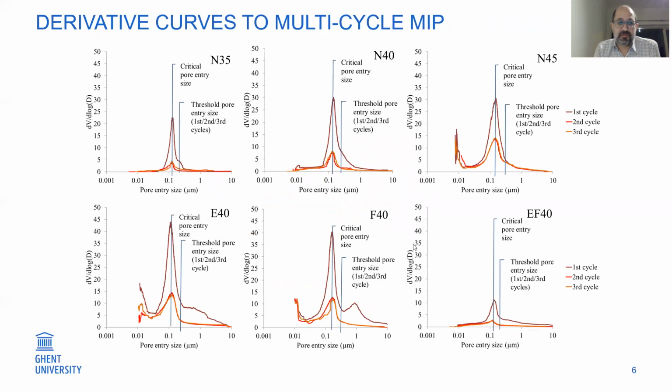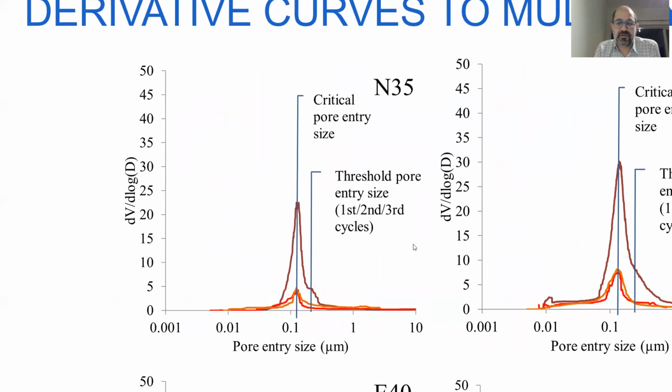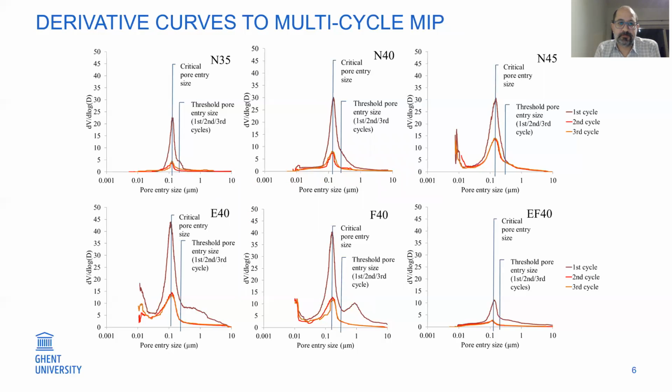So here we have the results, the derivative curves for multi-cycle MIP for all the samples. And in these curves, we can identify 3 parameters. The first one is, of course, the total percolated pore volume, which is the area below the curve.